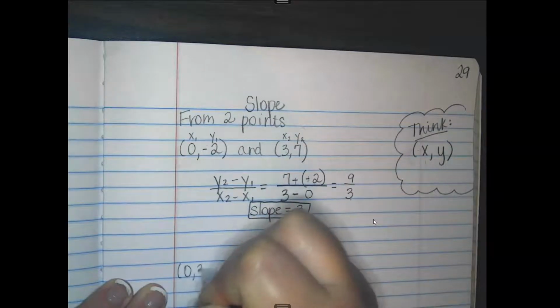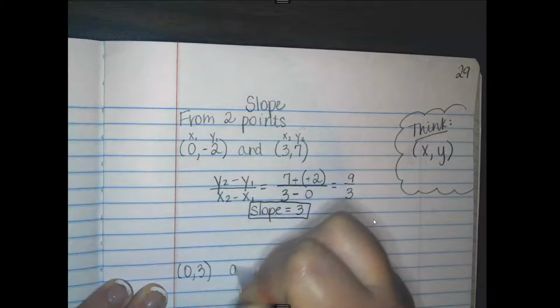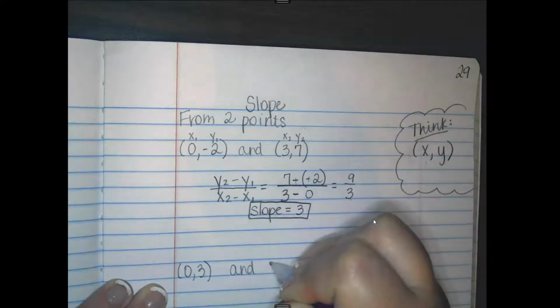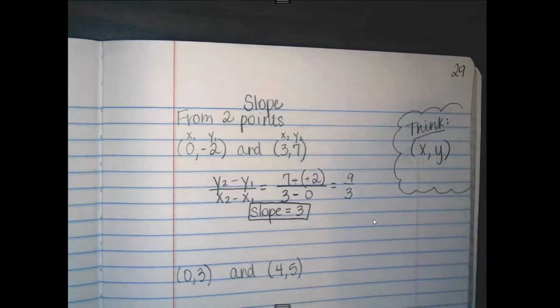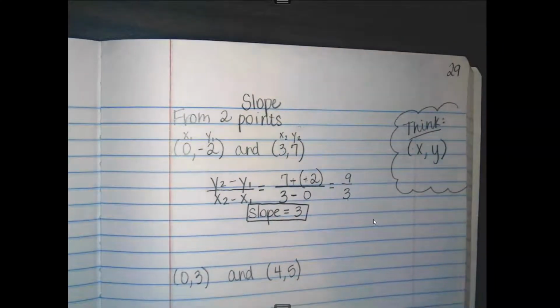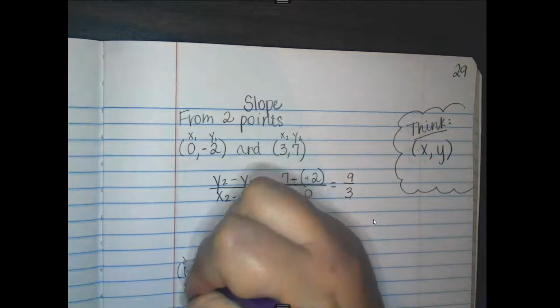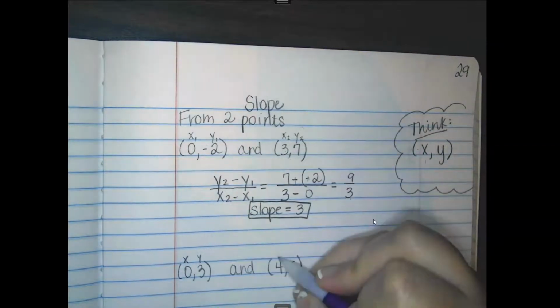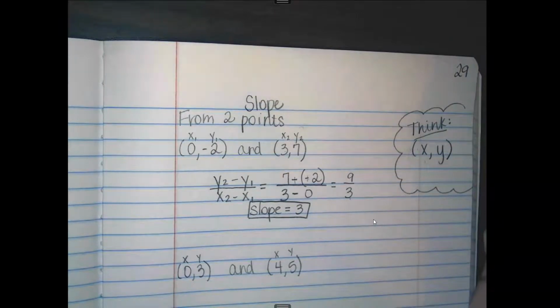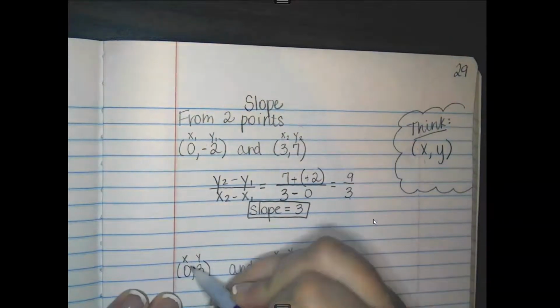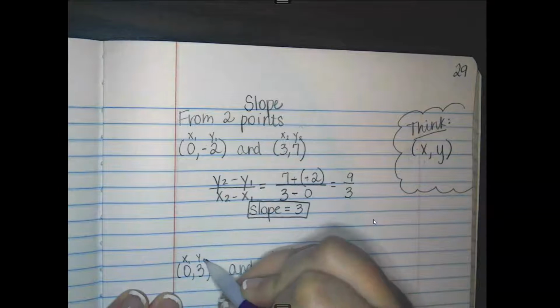0, 3, and 4, 5. So we start by labeling x, y, x, y. I'm going to label this. This is my first point.